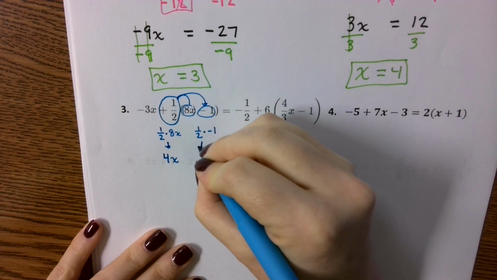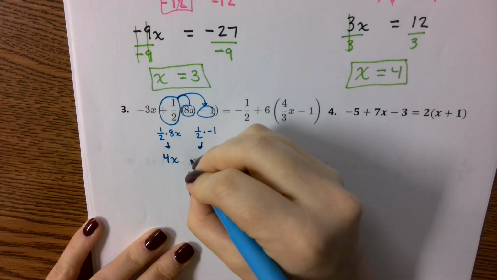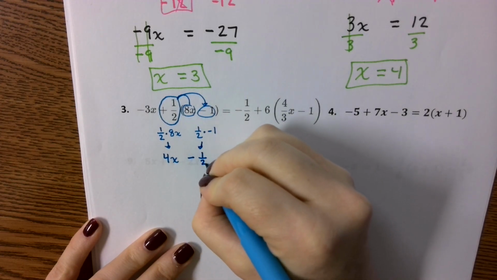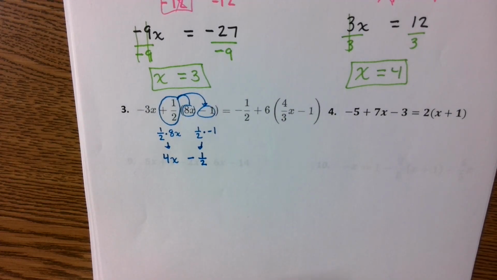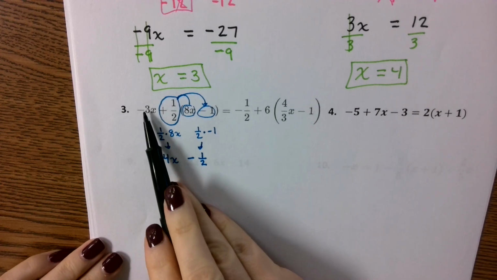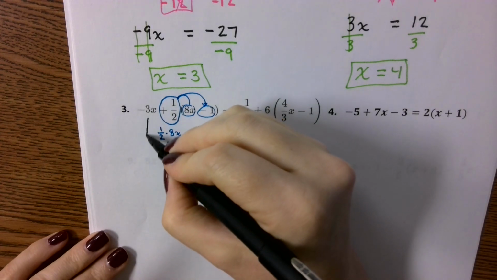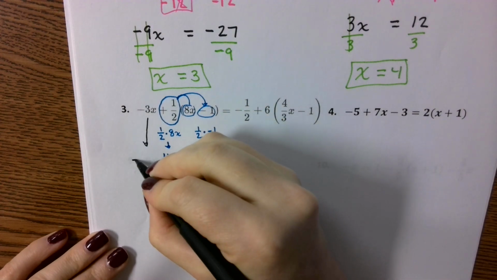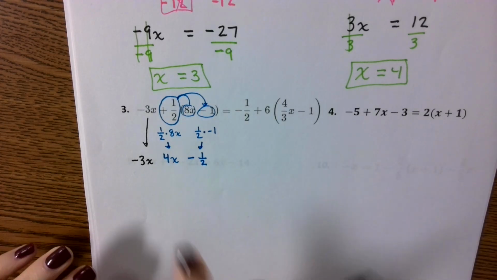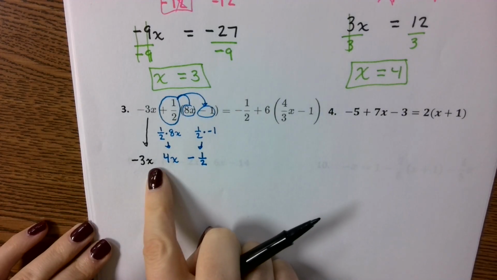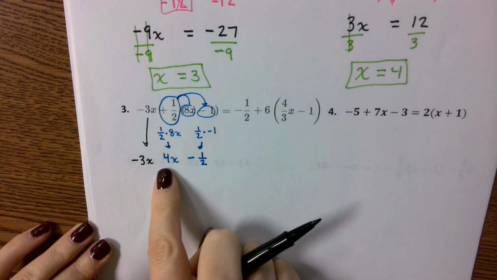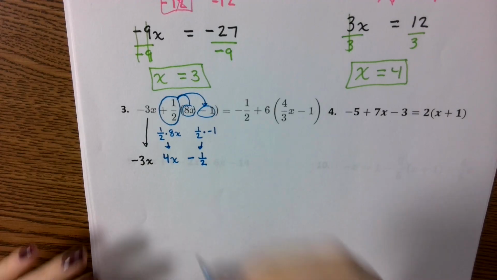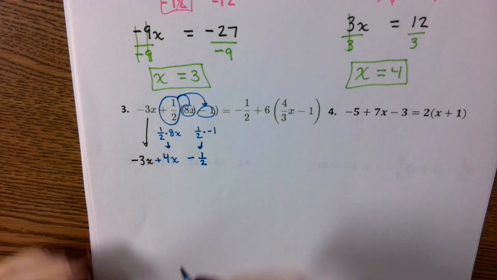When we multiply a half times negative 1, that becomes a negative half. Everything else on this side is still going to come straight down, so we still have a negative 3x. Now, what do I need to put in between the negative 3x and the 4x then? A plus sign. Because that 4x was a positive, we're going to put a plus sign in between them.